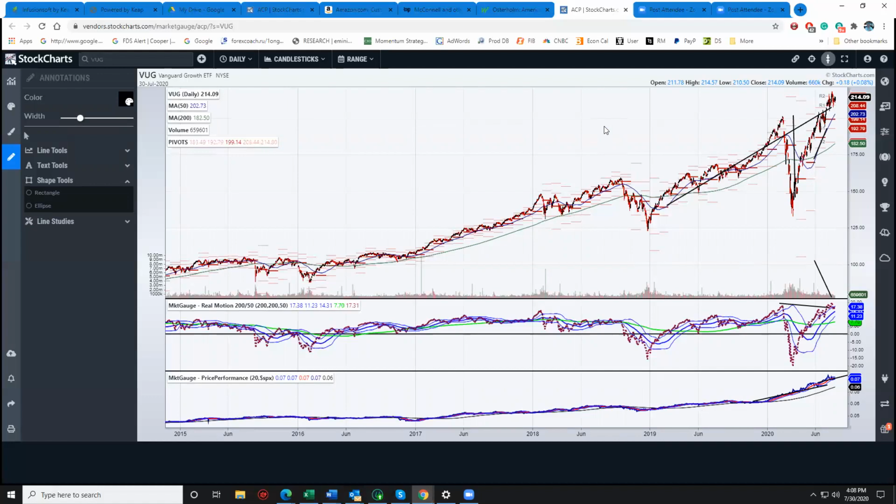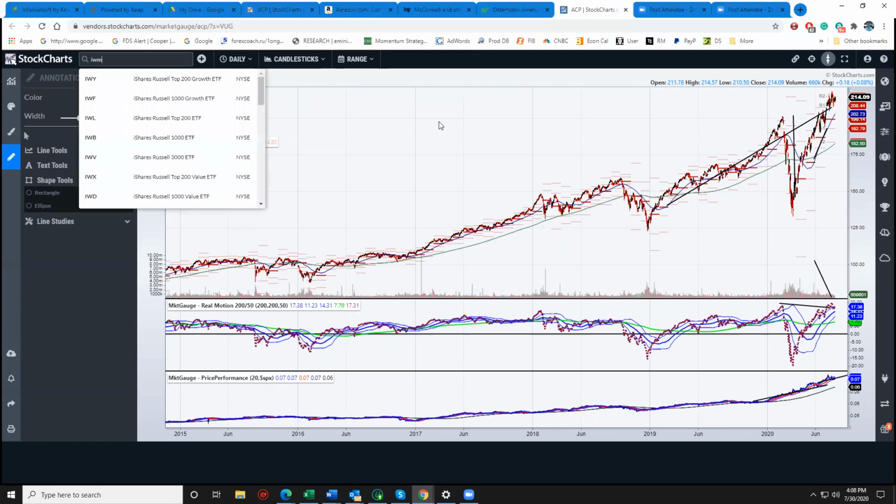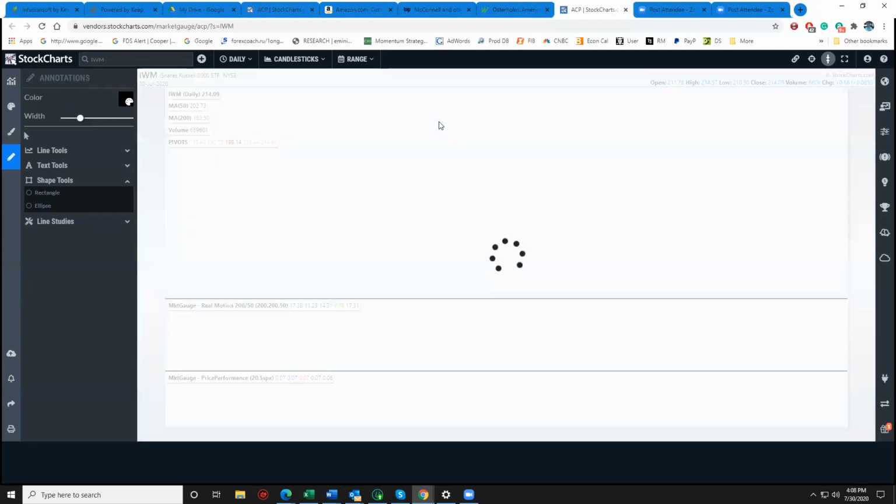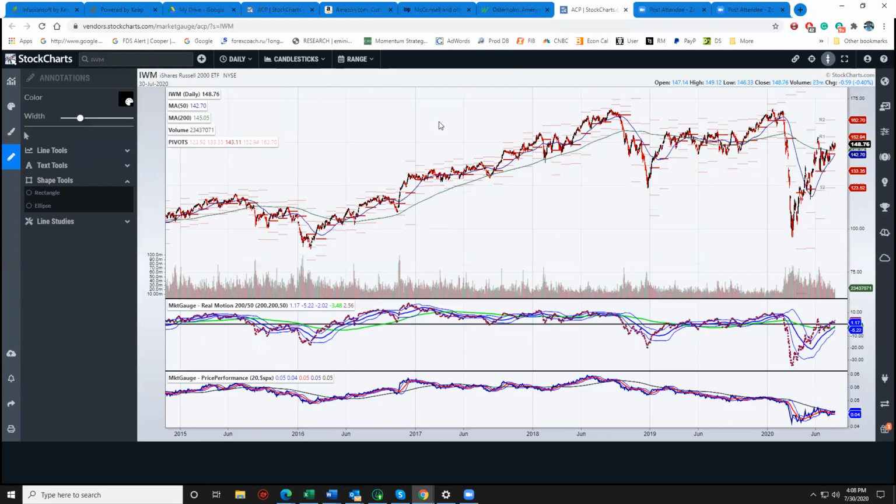Okay, so let's compare the S&P versus IWM. Now this is a completely different theme. We're looking at different investing themes.